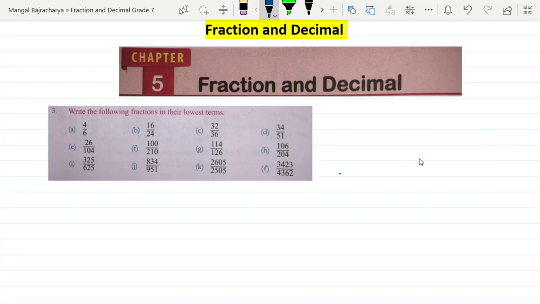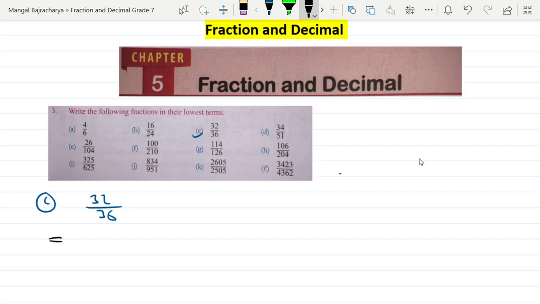We have to find their lowest forms. So I'll take one example, a very easy one. I go with number C first, right? So number C, we have 32 by 36, right? And now we have to identify its lowest term or lowest fraction, or reduced fraction you can say.